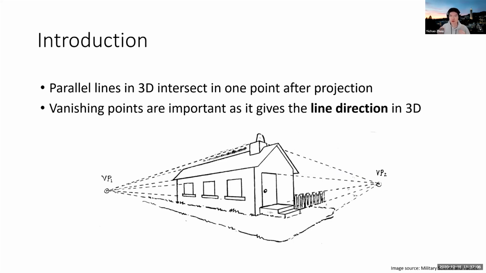When they project to the photo, they intersect at the same point, which we call the vanishing point. Vanishing points are important because there is a one-to-one map between the line direction and the coordinate on the 2D image. So once you detect the vanishing point, you know the line direction in camera space.